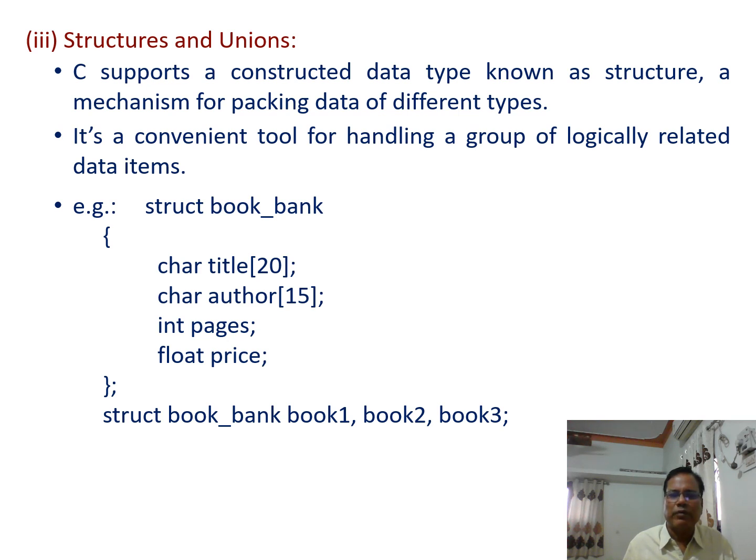After that, struct book_bank book1, book2, book3. So the structure is declared here, and using this structure we declare the structure variables book1, book2 and book3.